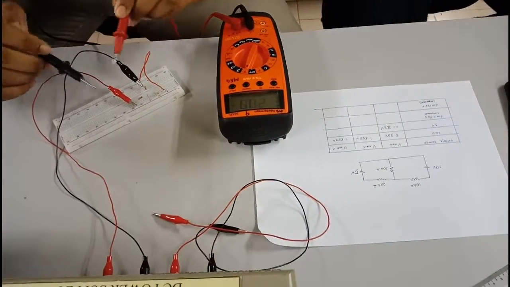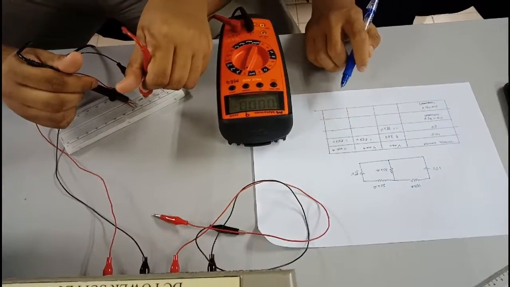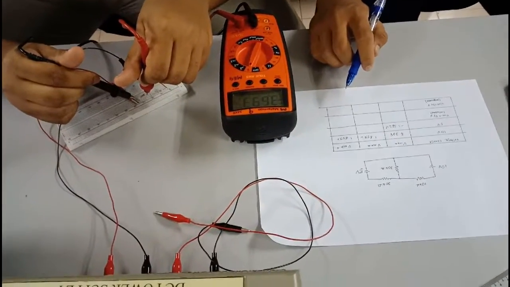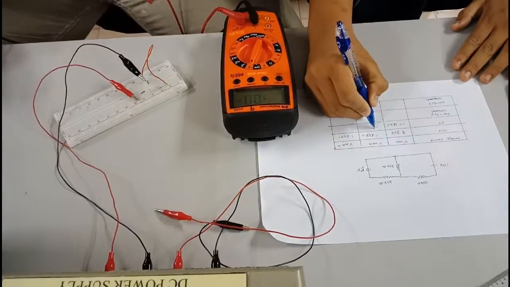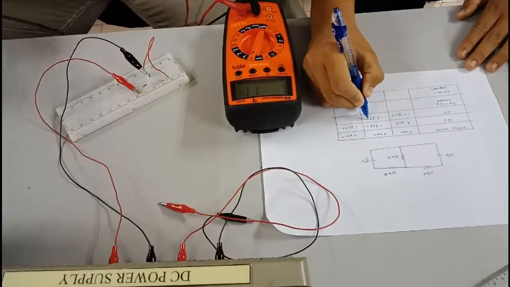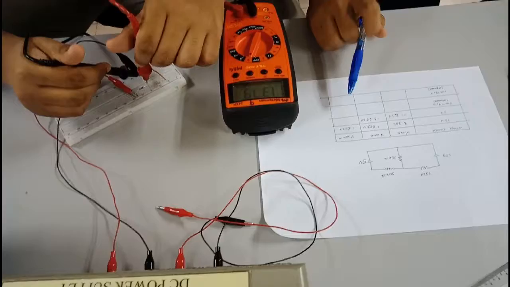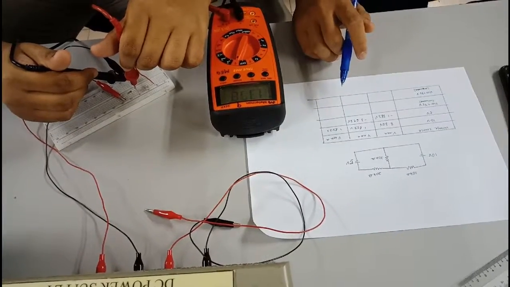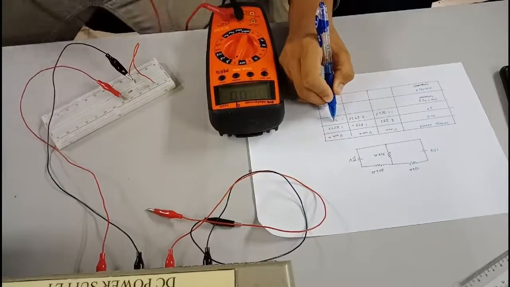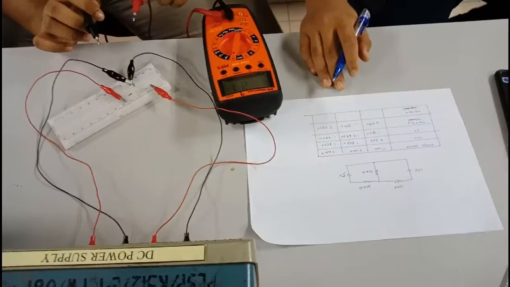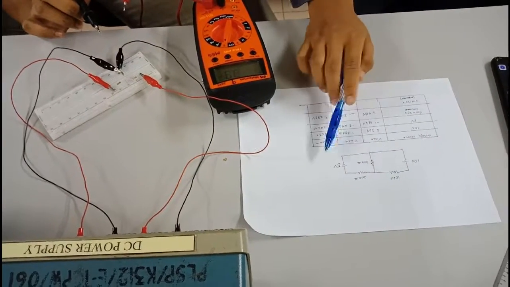After that, we're going to measure the voltage for 20k ohm. We get negative 3.692. And lastly, for the voltage for 30k ohm, 1.382 volt.